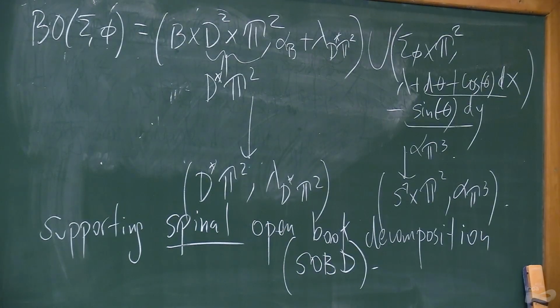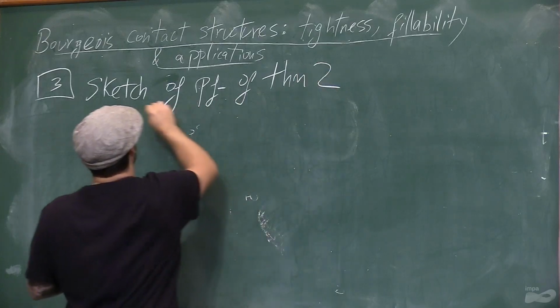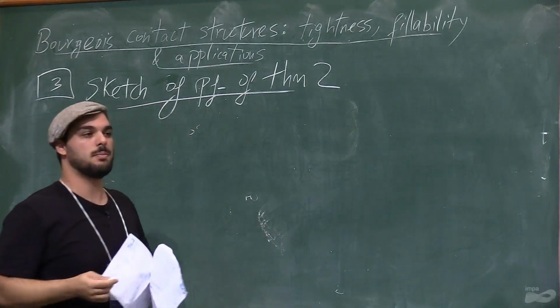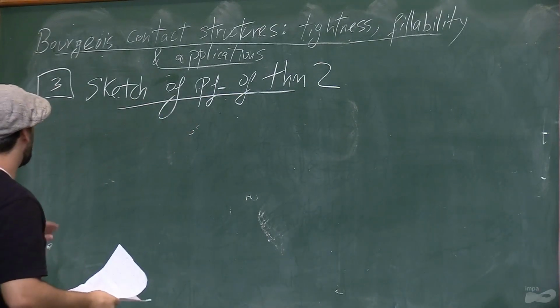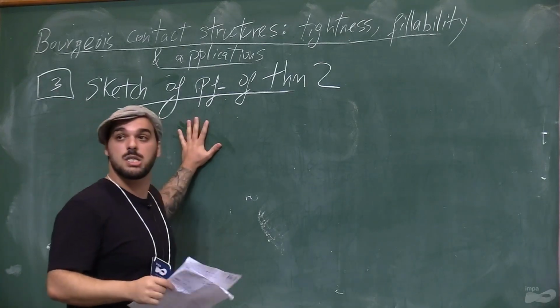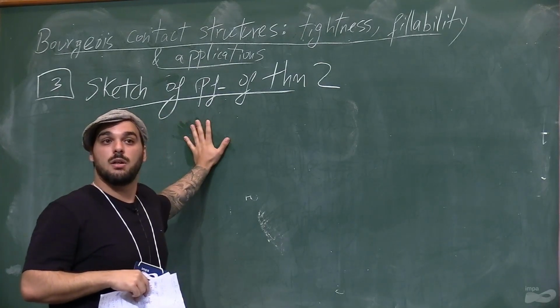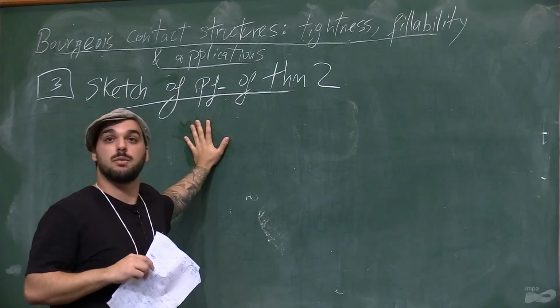So here's where I'll start the sketch of theorem 2. Right, so this is the fillability result. Remember, I want to prove that in the planar case, fillings only exist in the trivial monodromy case.